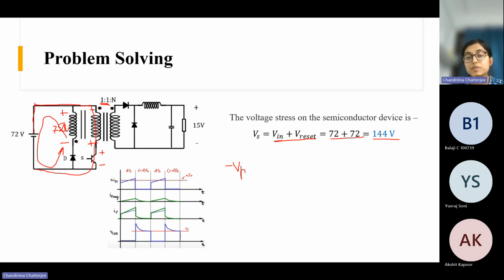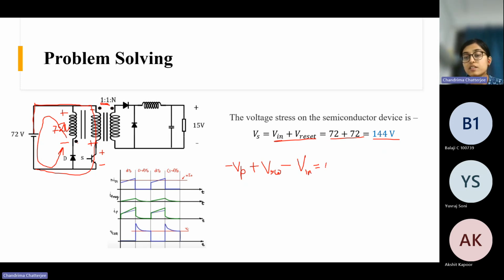So minus VP, then this is the switch voltage, suppose this is V switch, VSW. And then again you are going from minus to plus for this supply, so this is again minus V in, and this is 0, right?